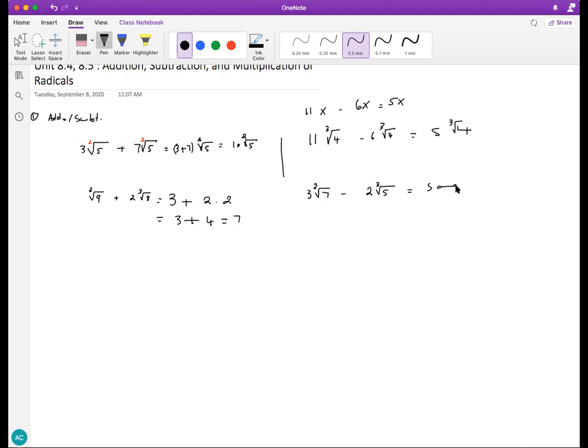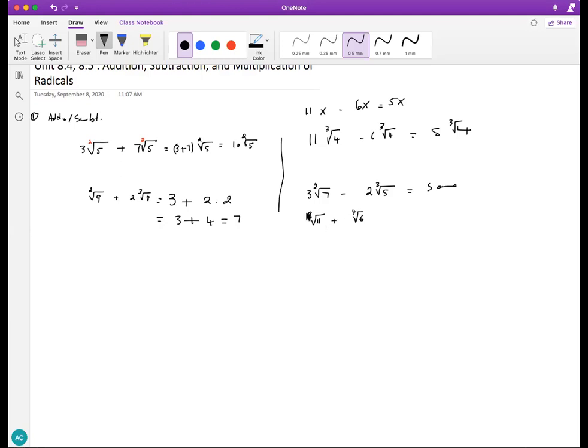So this basically stays the same. It does not subtract unless you want to turn it into decimals, and you'll get some decimal from this with a calculator. But with radicals, we try to keep them in the form of radical if possible, but also reduce them as much as possible. So that's an example of something you can't add or subtract. Also, if you have radical 3, radical, let's say 8 plus maybe, that's another example.